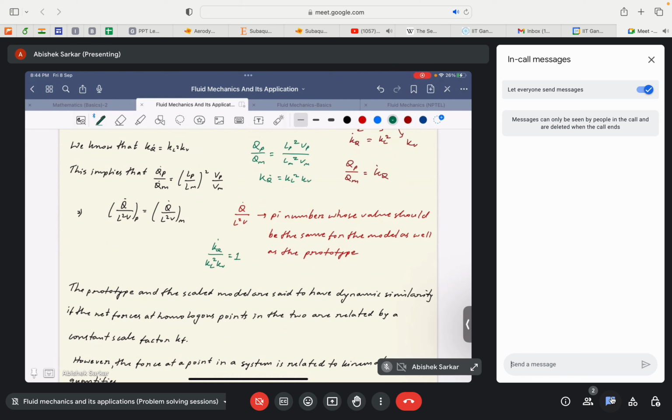Basically it means that these scaling factors should form a non-dimensional number, right? That's what we are essentially trying to say, and that's the very concept of scaling factors.